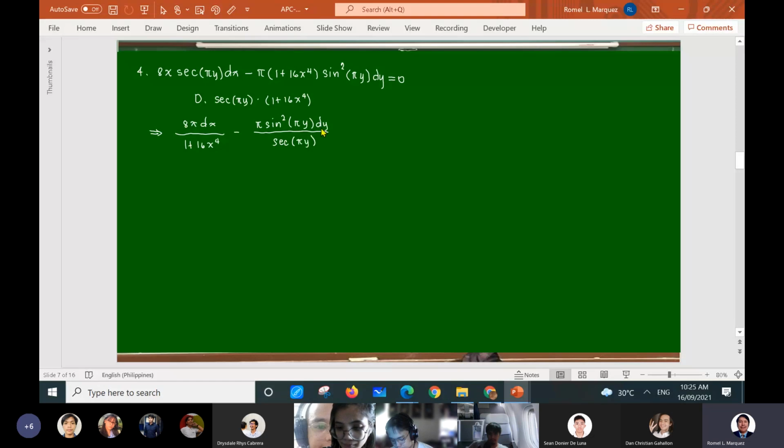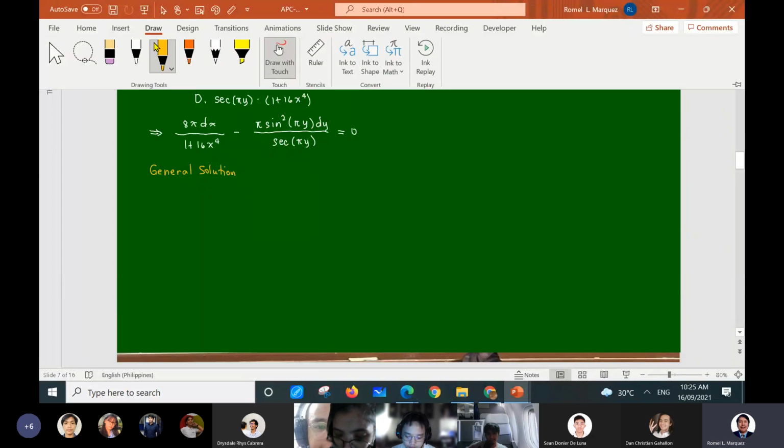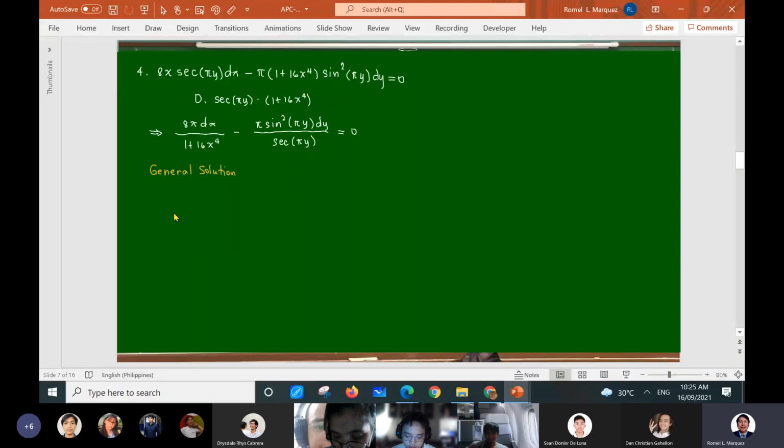Okay, children? And the right side is 0. So we have already separated the variables. So we can now get the general solution. As long as you are good in algebra, and then integration also, you can easily get the simplified general solution.